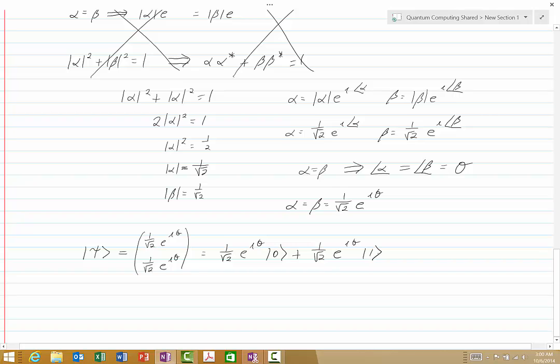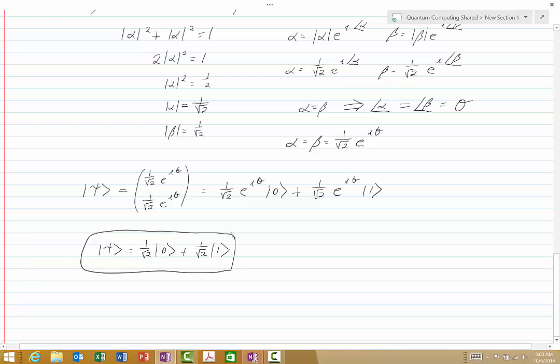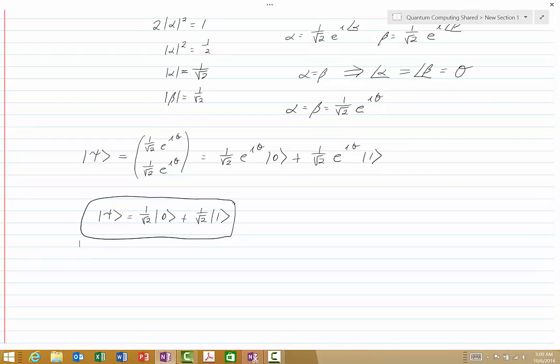But of course, a universal phase term is irrelevant. And so our final answer is C is 1 over square root of 2 |0> plus 1 over square root of 2 |1>. This is the state that is stabilized by X. So this lecture will terminate there, and we'll have a couple of questions on these two ideas.